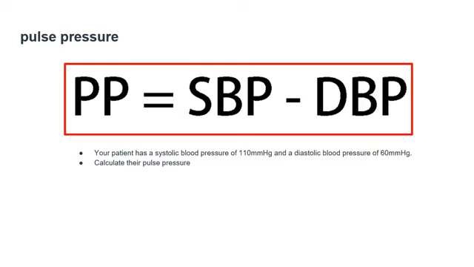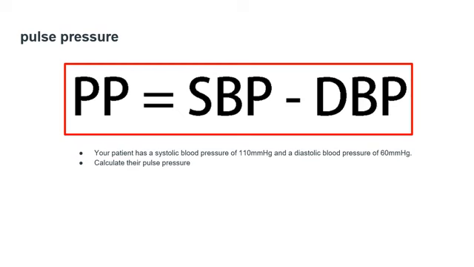Another calculation which we have in our blood physiology is pulse pressure. The pulse pressure is the difference between systolic and diastolic blood pressure. It is measured in millimeters of mercury. It represents the force that the heart generates each time it contracts.